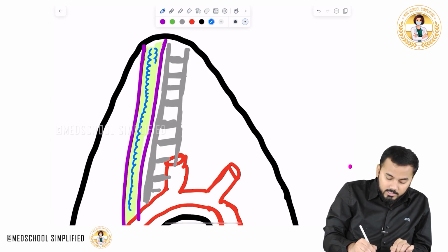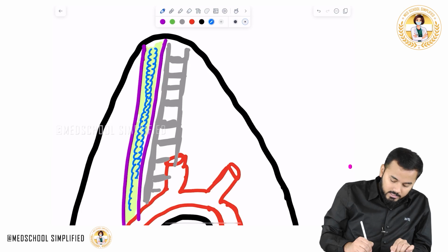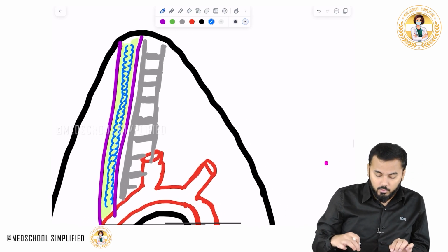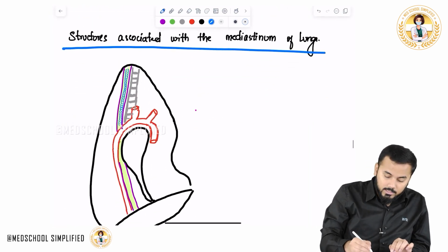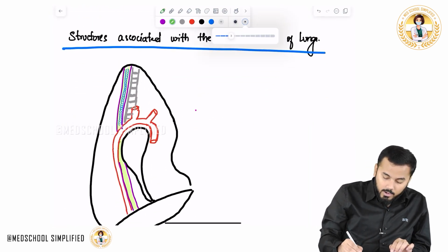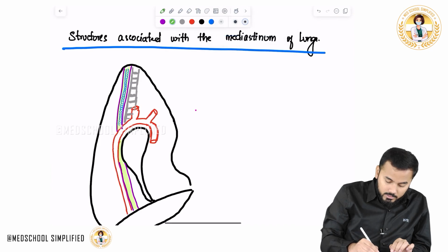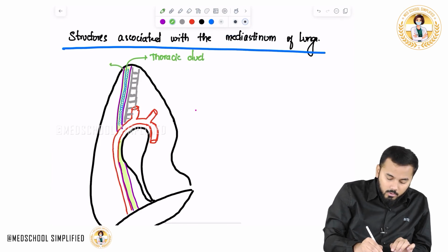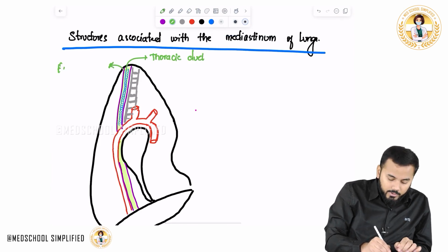So this duct which I'm drawing right now is called the thoracic duct. It is located on the surface of the esophagus.